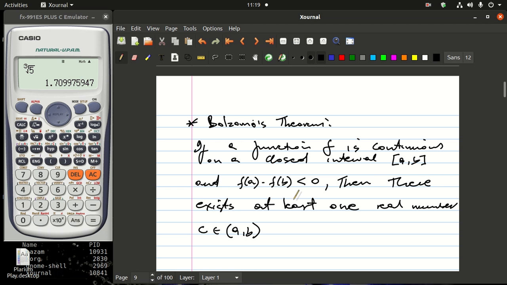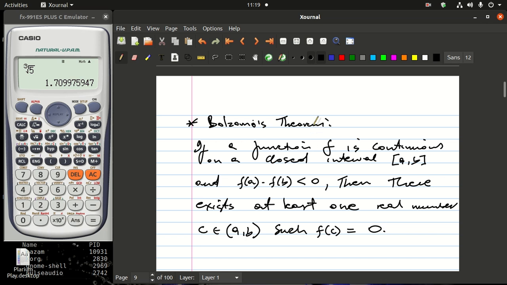So this one is saying that there must be a value in between A and B. It's not A, it's not B, it is a value in between, such that if I take this value and I plug it inside f, I get a 0.